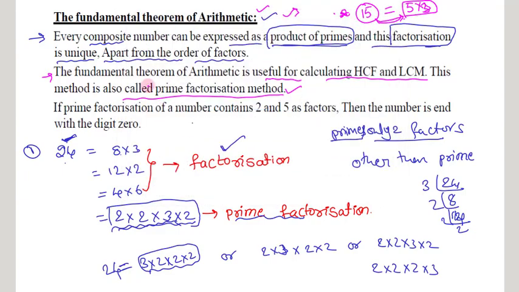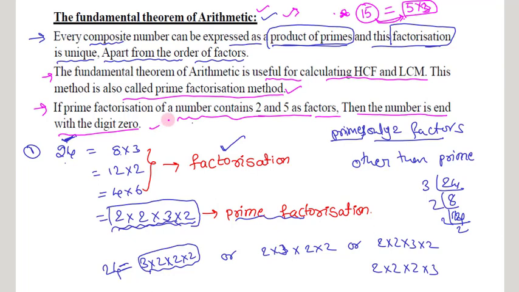Now let us see the next concept. If the prime factorization of a number contains 2 and 5 as factors, then that number ends with a 0.